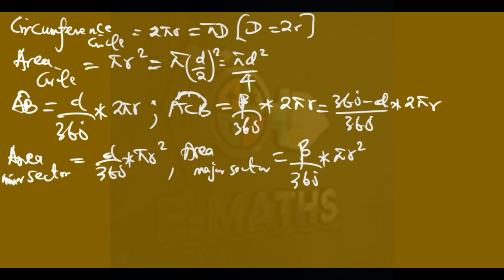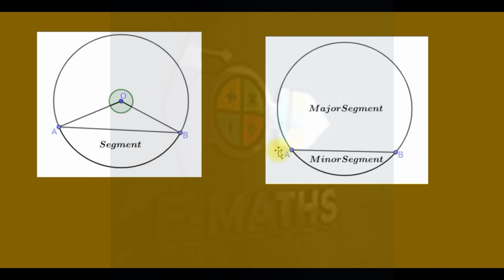So coming to segment. A segment is inside a sector. So we have the major segment and the minor segment. You can easily see that to get the minor segment, you just subtract this triangle.